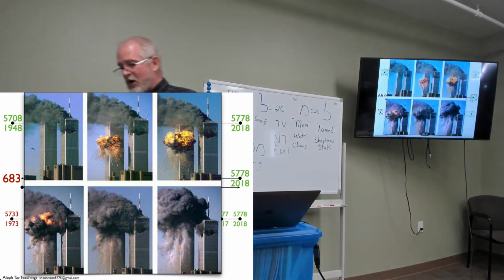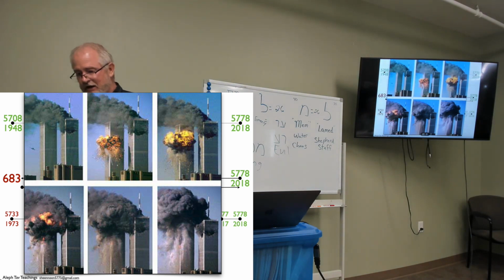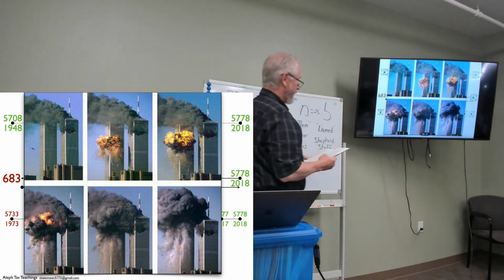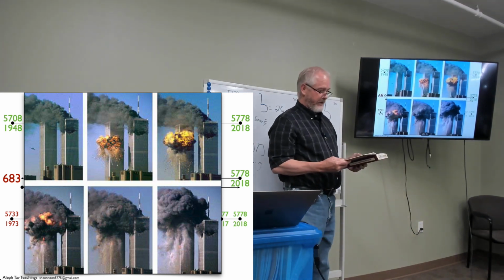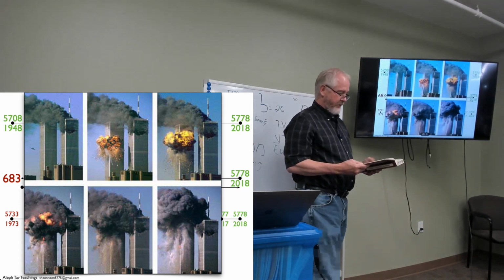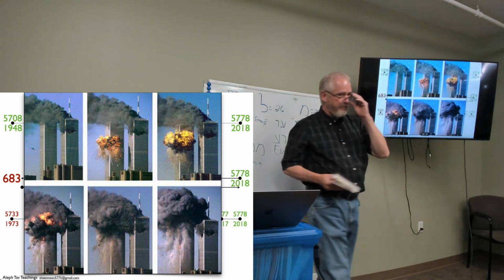She has become a home for demons, a prison for every unclean spirit, a prison for every unclean, hated bird.'" What did it say about the birds, the branches? There it is. It was taken down. This was the beginning of the fall of Babylon.